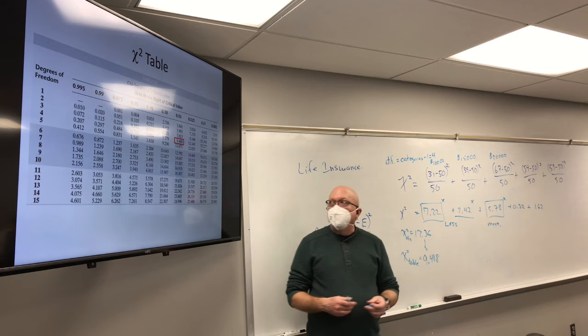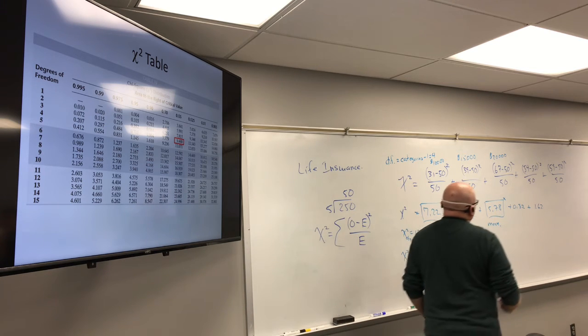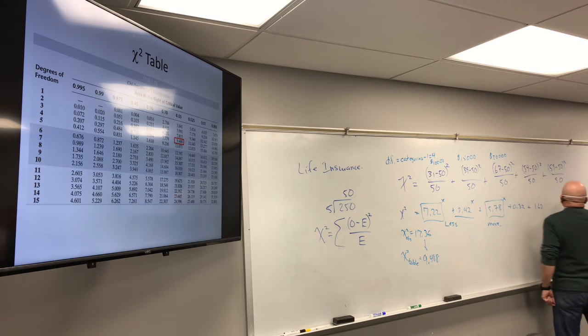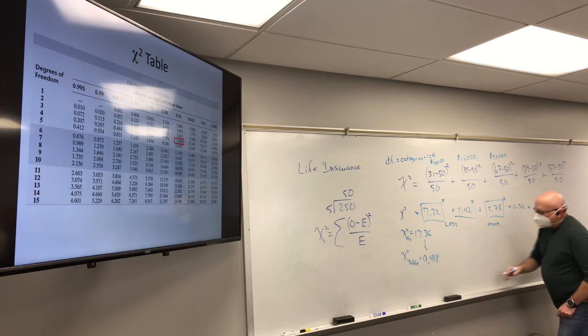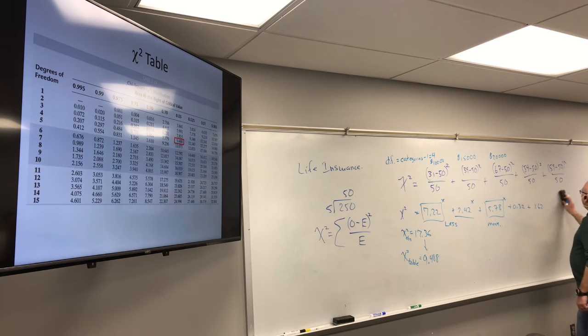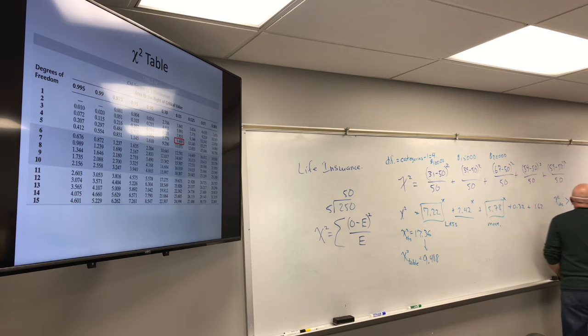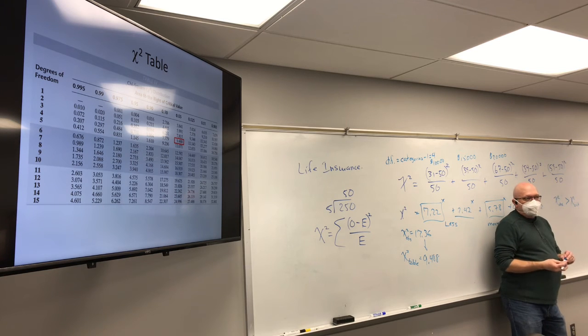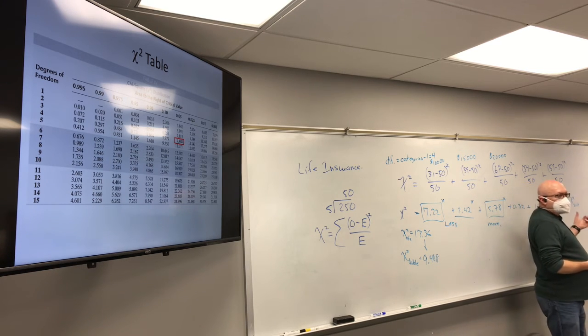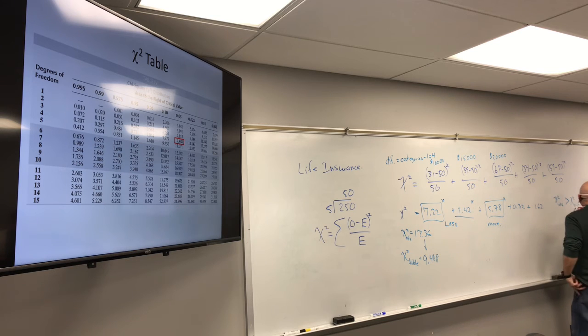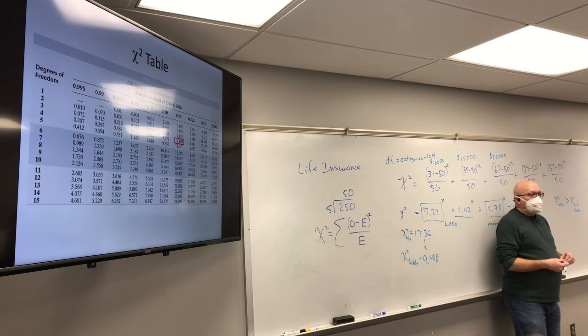Yeah, sure. So if the chi-square that you observe is greater than the chi-square, this is sometimes called the critical value. It's the value in the table. So some people write it as chi-square crit. Some people refer to it as chi-square in the table.